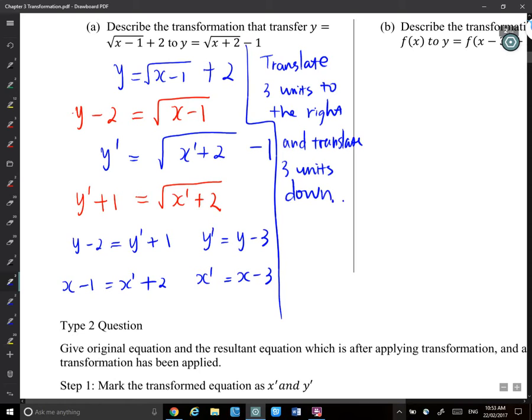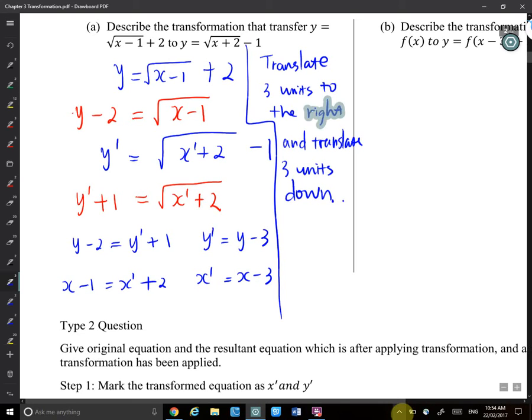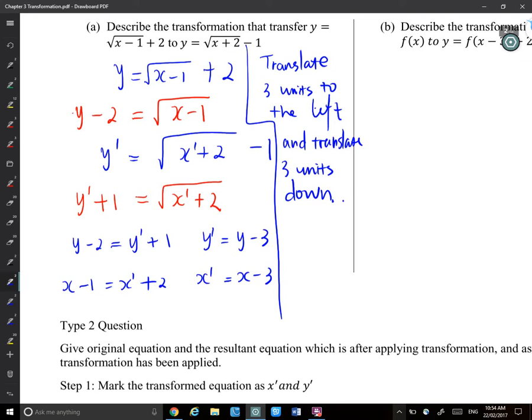You can see the new y equals the old y subtract 3, and the new x equals the old x subtract 3. So it's moving both by 3 units. Moving left, I'm writing this wrong, this should be left. Translate 3 units to the left, moving to the left, old x subtract 3, and translate 3 units down.